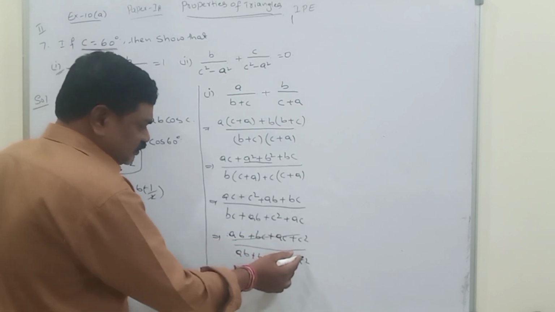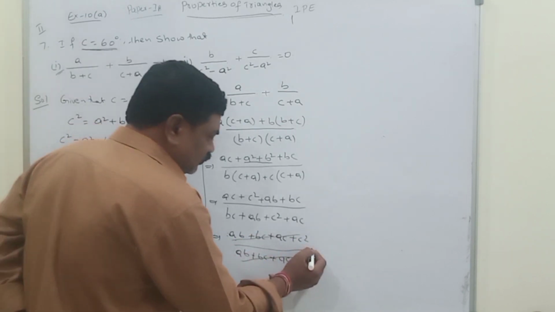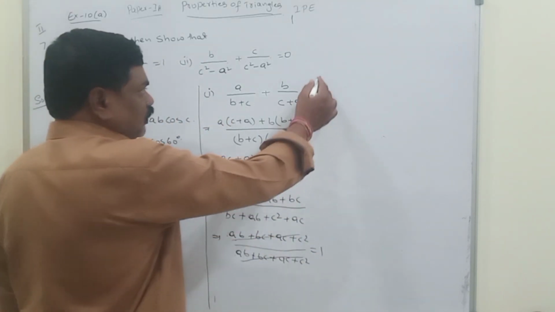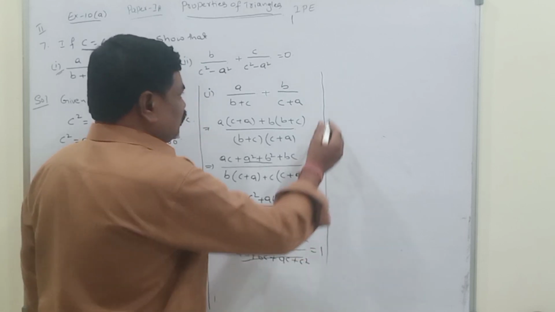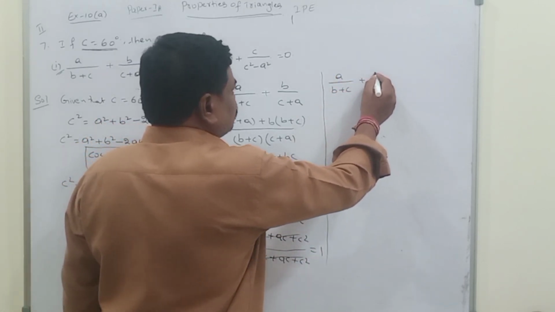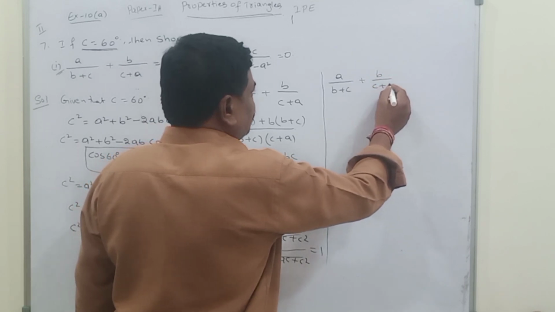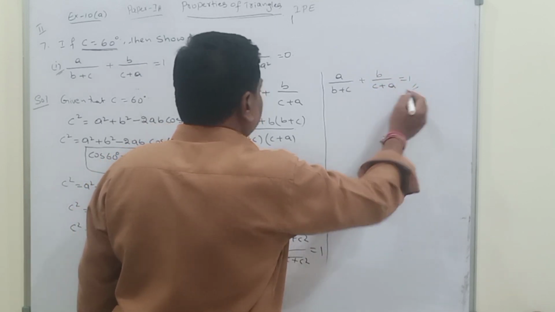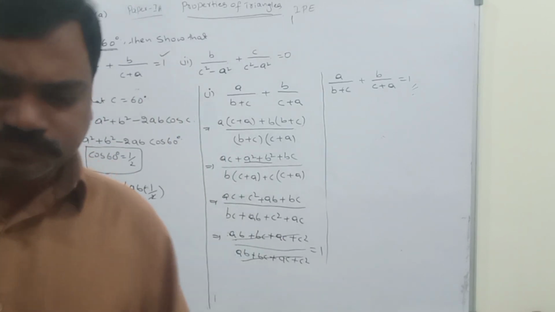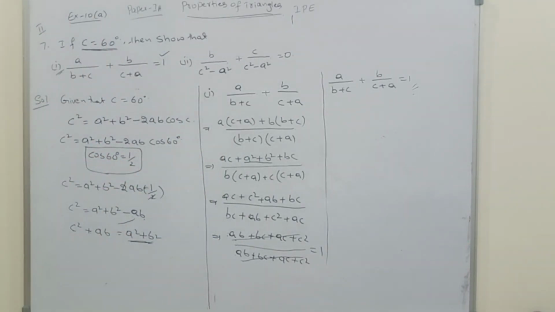So by the cancellation this is equal to 1. Then what we conclude? That A by B plus C plus B by C plus A is equal to 1. That's it.